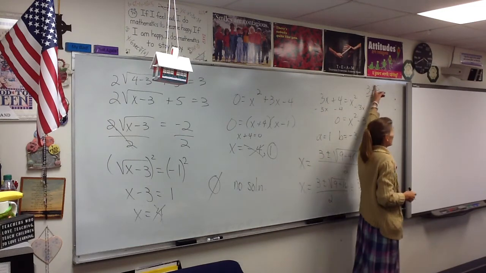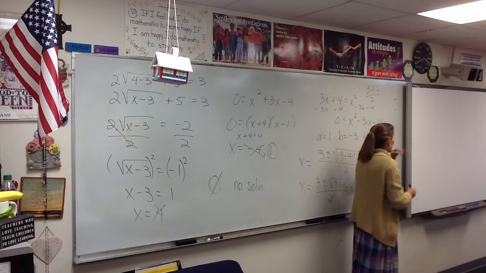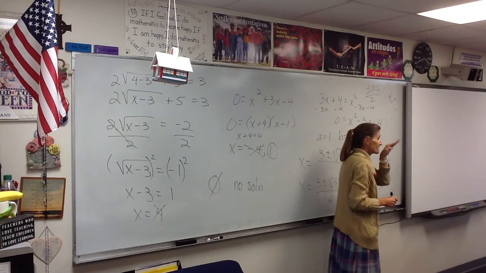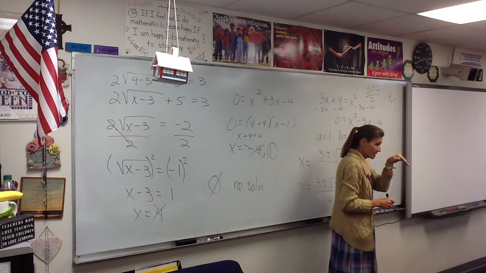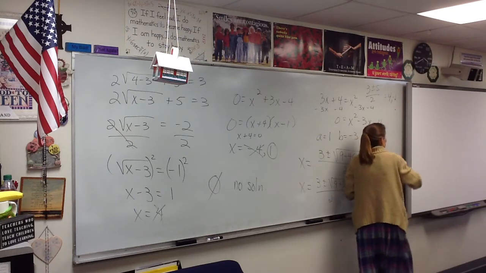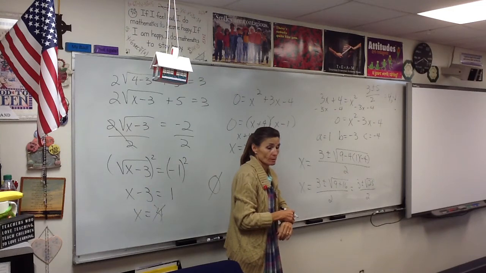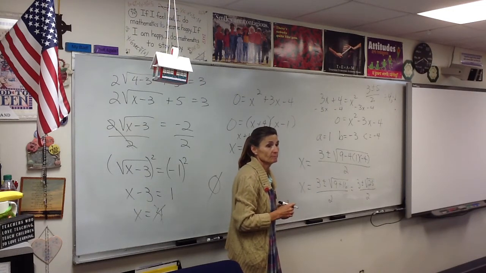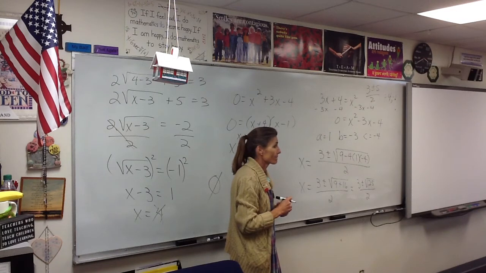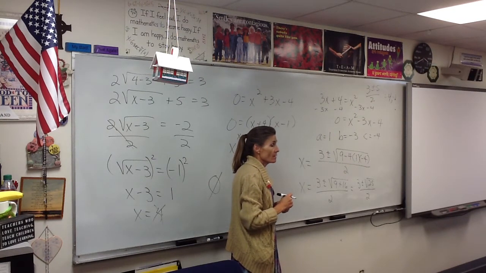What's 3 plus 5? 8, divided by 2, 4. So one of your answers is 4. What's 3 minus 5? Negative 2, divided by 2, negative 1. So there are your two answers. Taylor, does that make sense? Everybody okay?